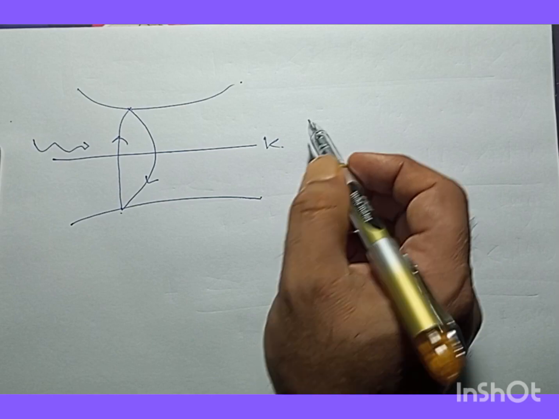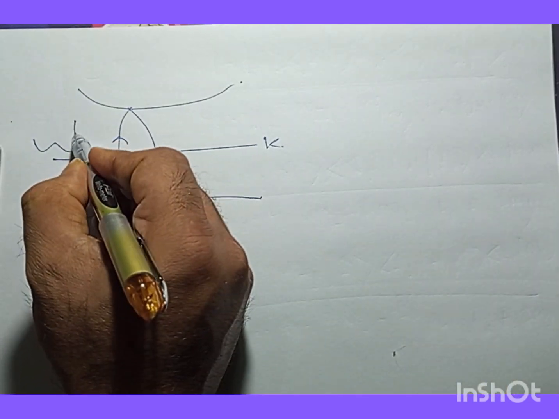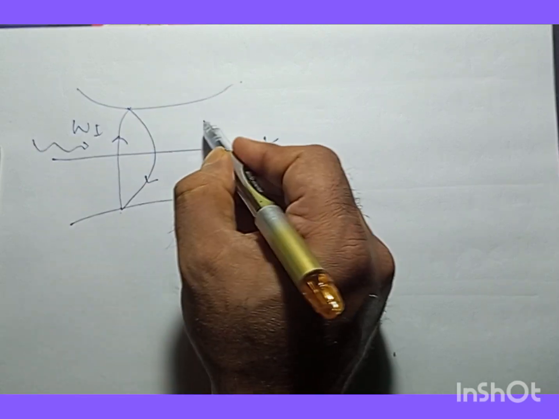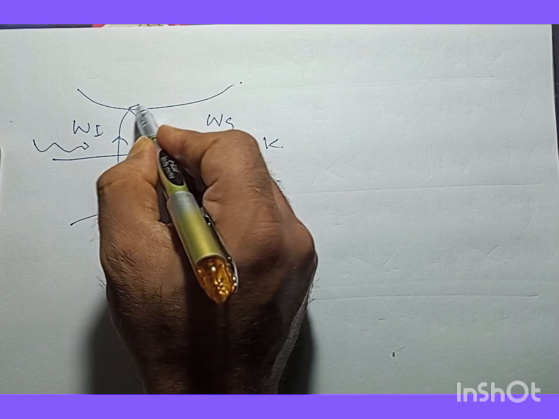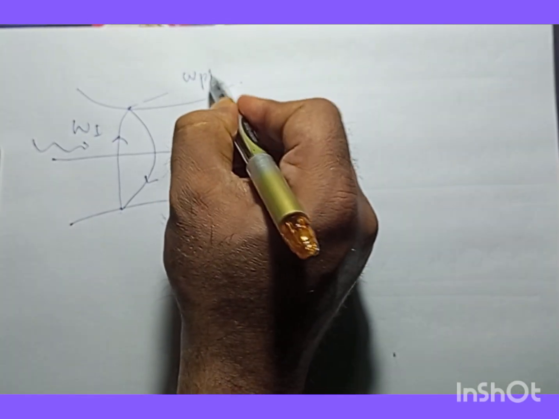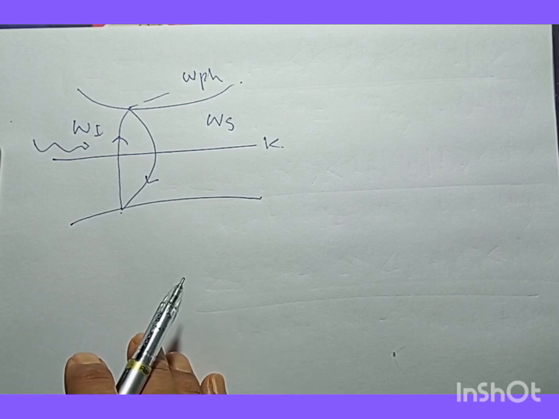We will have some omega I, some scattered omega S, and some omega phonon.